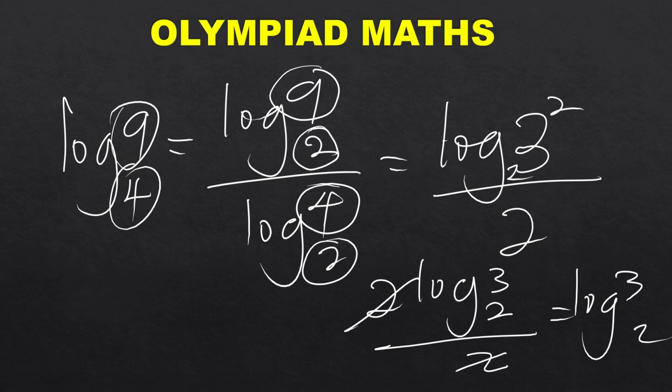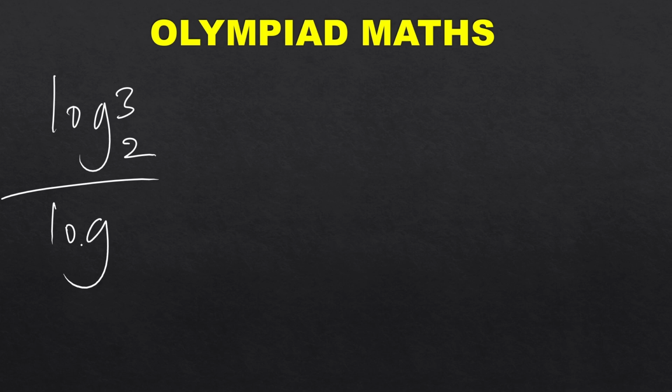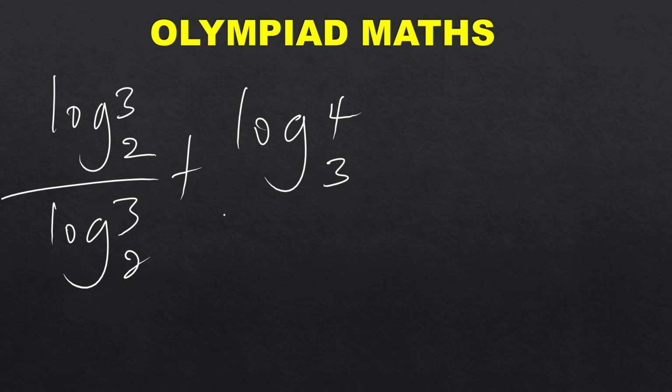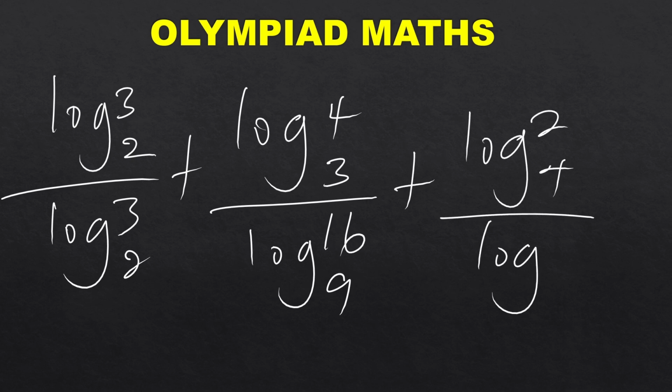Then, if I go back to what I had, I'm going to have log 3 base 2 over log 3 base 2, then plus log 4 base 3 over log 16 base 9, then plus log 2 base 4 all over log 4 base 16.